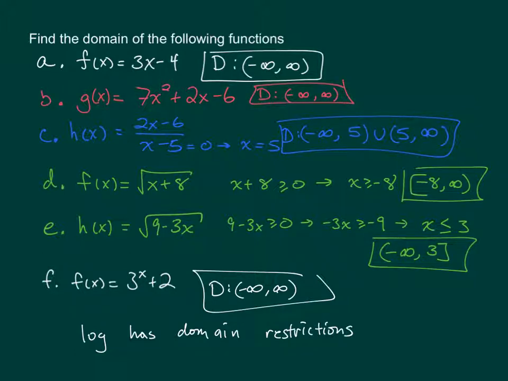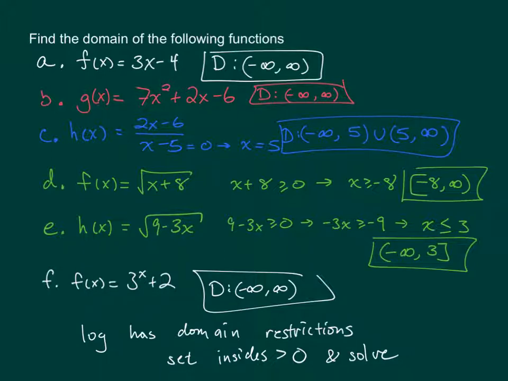So you'll want to make sure that if you're trying to find the domain of a log, that you set the insides to be bigger than 0 and solve for x, or solve for whatever variable happens to be there.